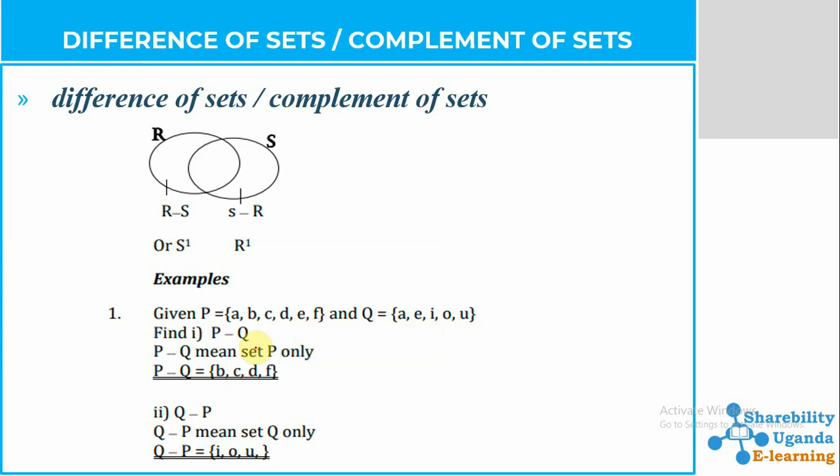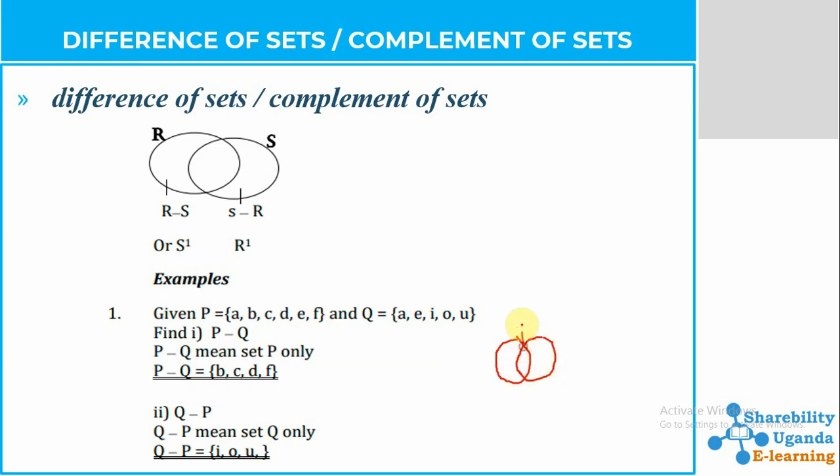So when you say find P minus Q, we have to understand that P minus Q means set P only. They want set P only. When they talk about only, that means we are going to be having our set in this kind.